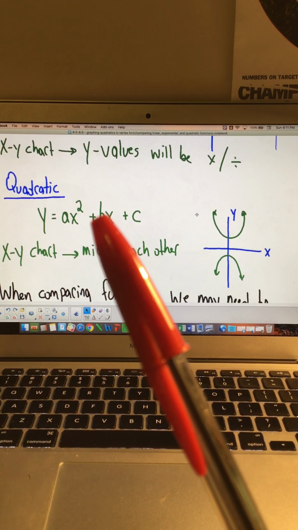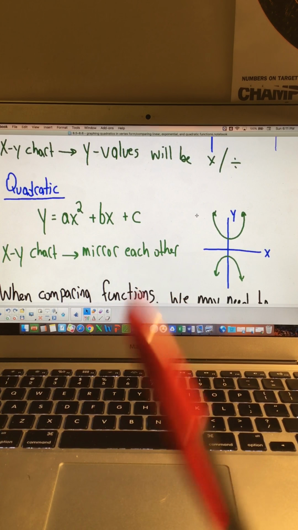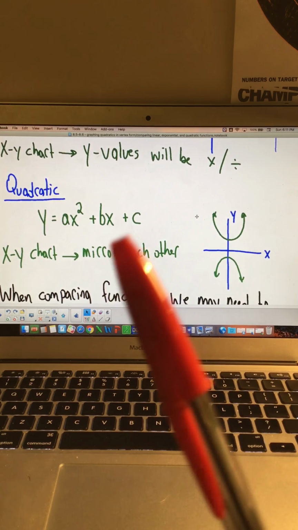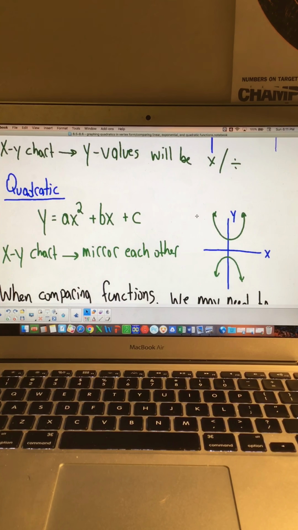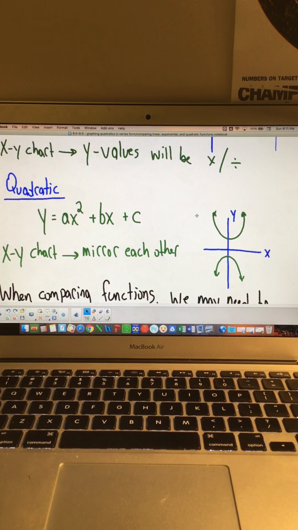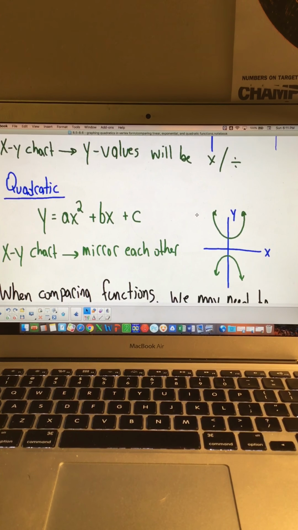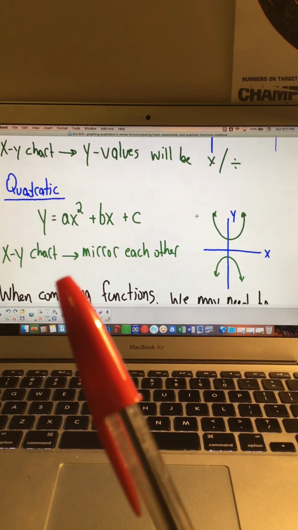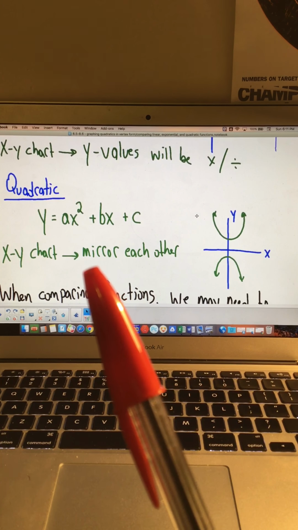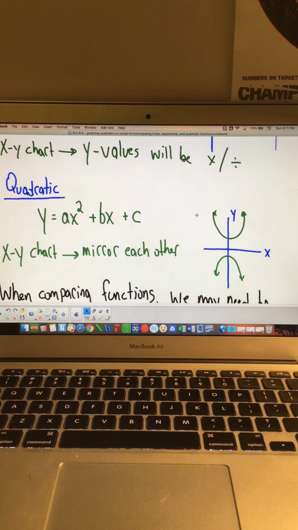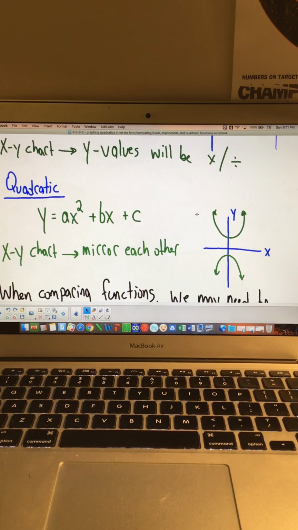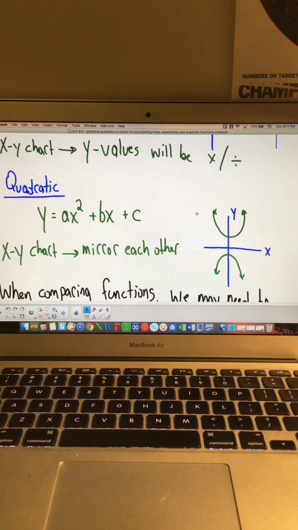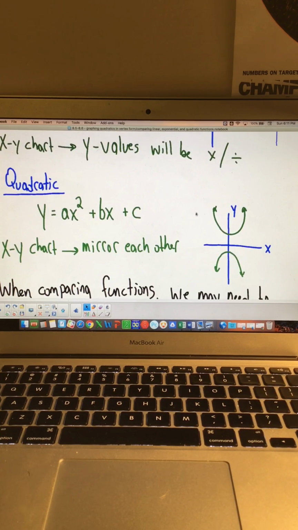It's written as y equals ax squared plus bx plus c. It could also be written in vertex form or intercept form. But we know that in our x and y chart, the y values will mirror each other. They will be the same once we approach that vertex from one side to the other.